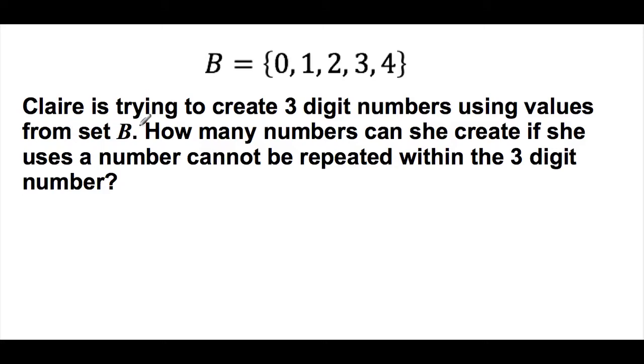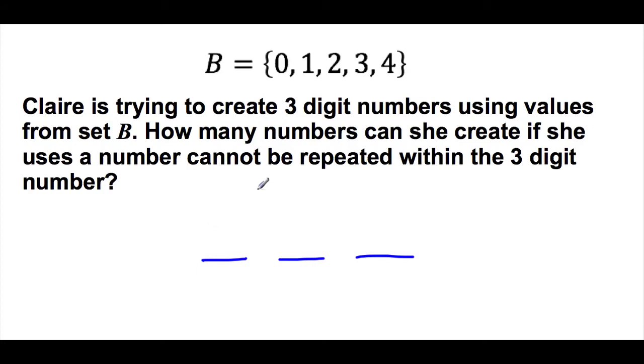Claire is trying to create 3-digit numbers similar to before, but using the values from set B. How many numbers can she create if numbers cannot be repeated within the 3-digit number? Alright, okay. So we're going to have 3 digits once again. How many numbers are possible? 5?